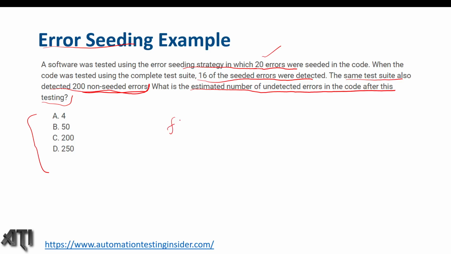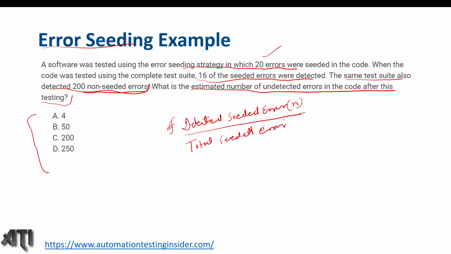Detected seeded errors in the program, let's denote this with n, divided by total seeded errors, equals detected non-seeded errors divided by total non-seeded errors.